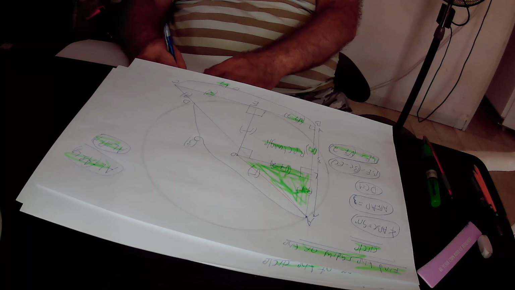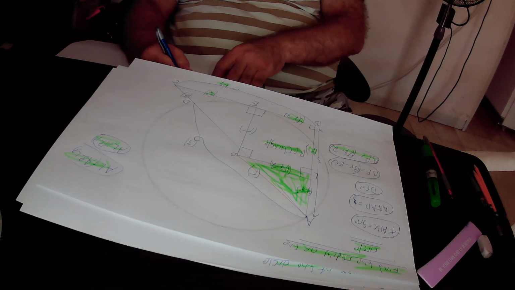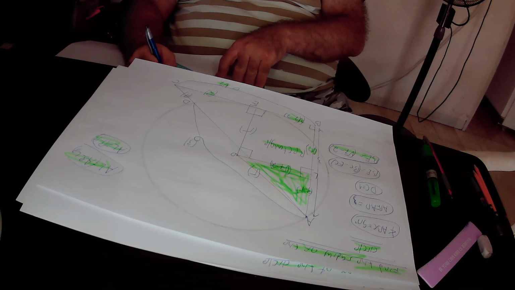And the hypotenuse AO equals R. It is also the radius of the circle. Here PT is an abbreviation for Pythagoras theorem.